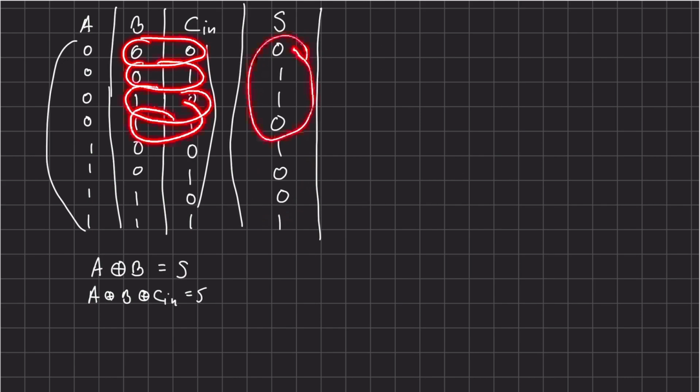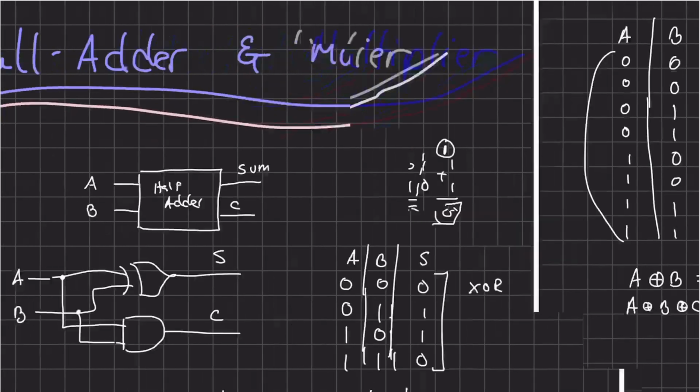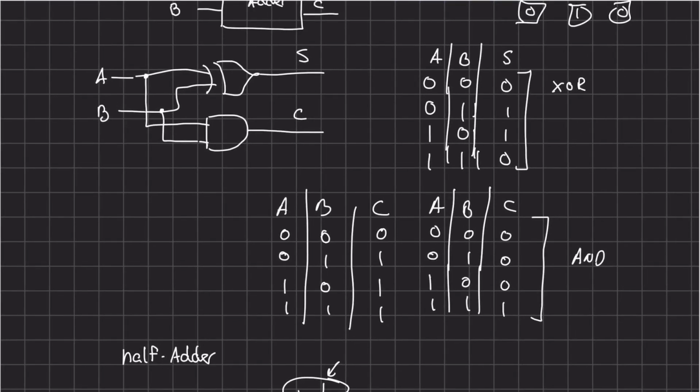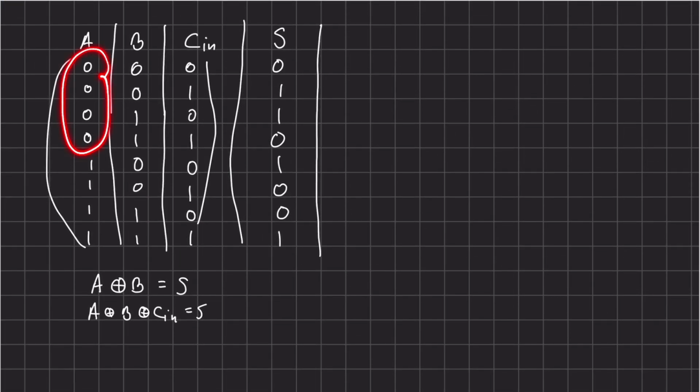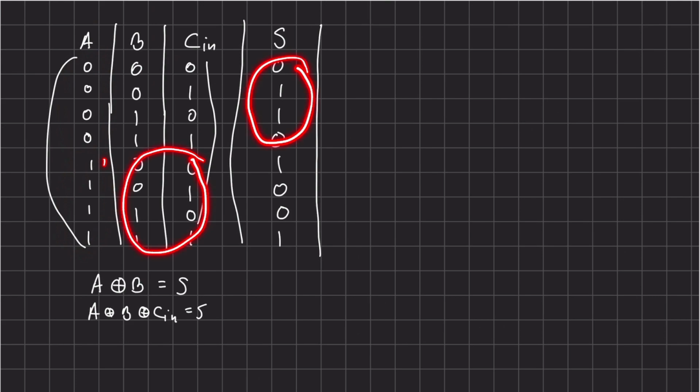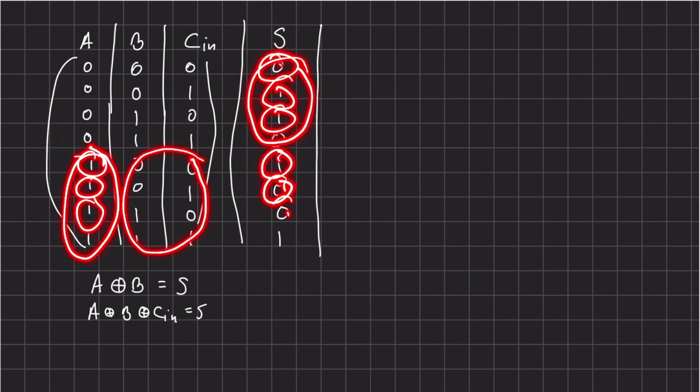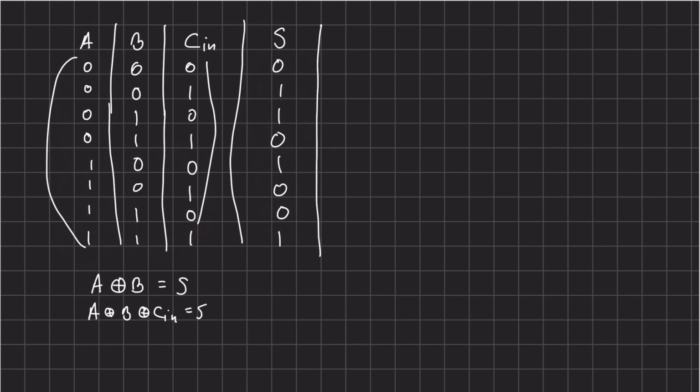So we have the same truth table that we had earlier on that page here. Okay, the same thing here. Now, this one is all zeros, so when I add a 1 here, we can imagine that this will produce the same value here, but XORed with another 1. So if I have 1 XOR 0, it's 1. If I have 1 XOR 1, it's 0. 1 XOR 1 is 0, and 1 XOR 0, it's 1. So we really have A XOR B XOR C in.